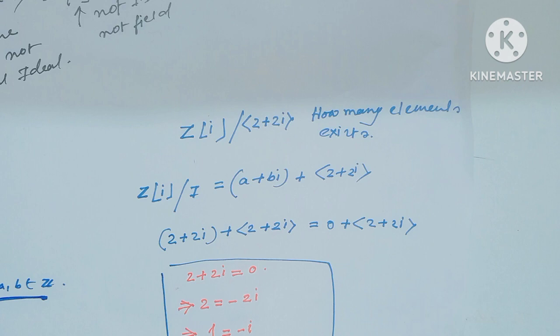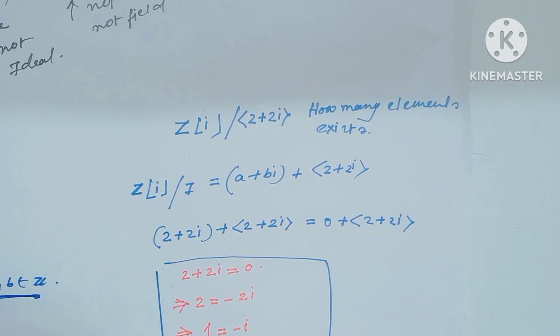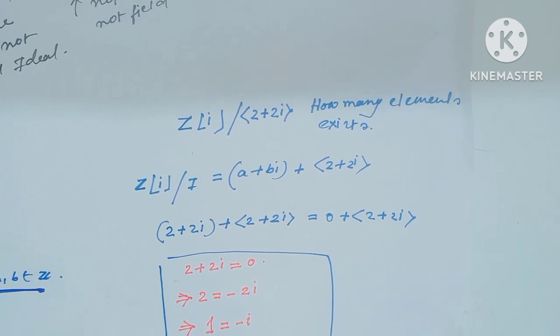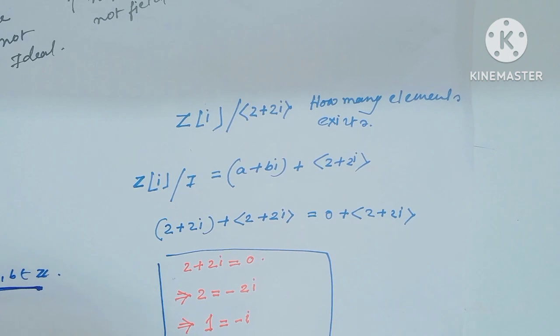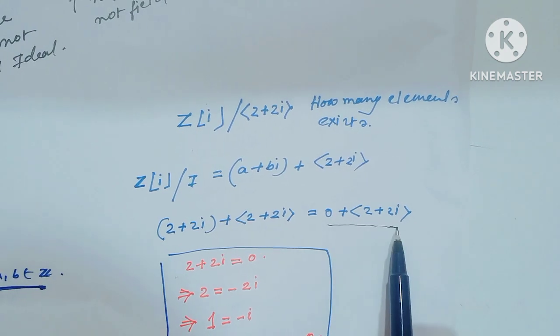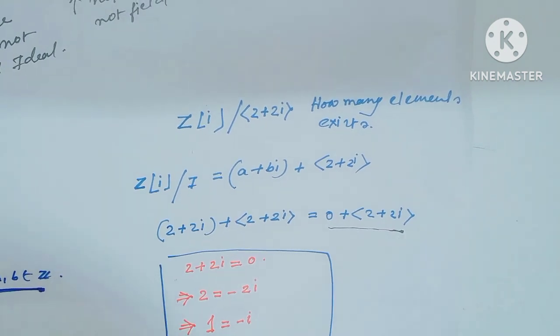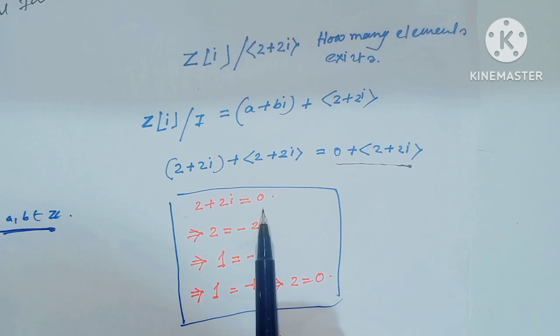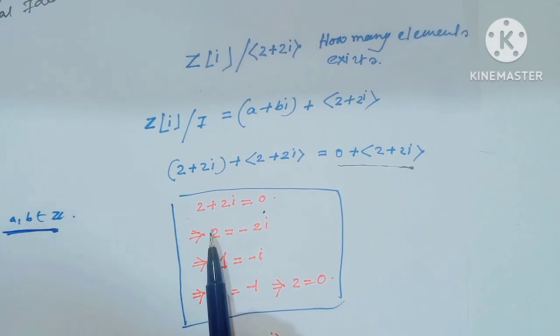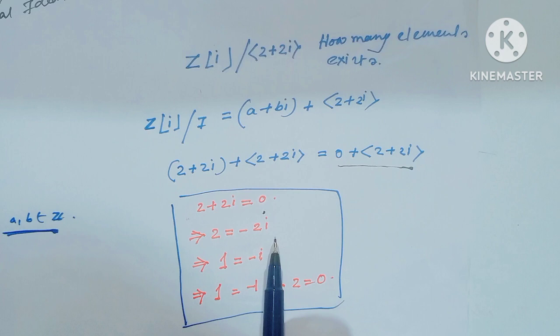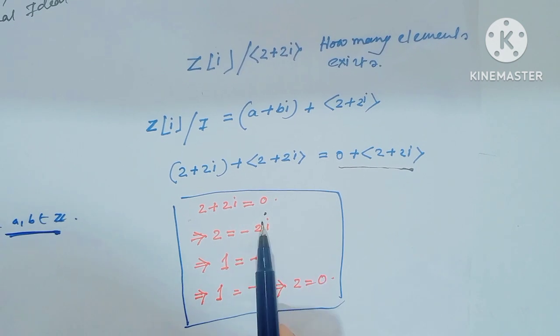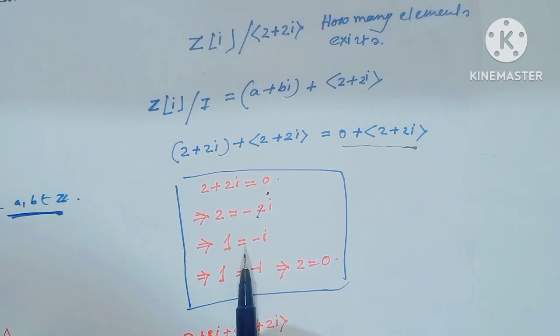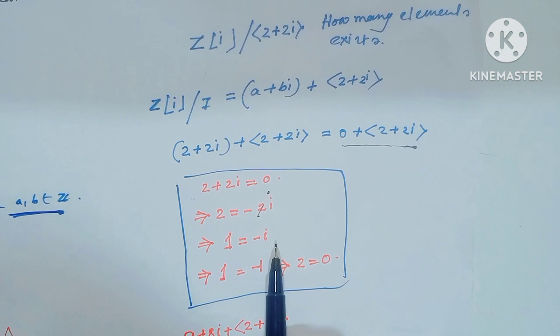We all know that 2 plus 2i plus the ideal generated by 2 plus 2i is obviously equal to 0 plus the ideal generated by 2 plus 2i. That means 2 plus 2i equal to 0 and that implies 2 equal to minus 2i. Just cancel 2, that implies 1 equal to minus i.